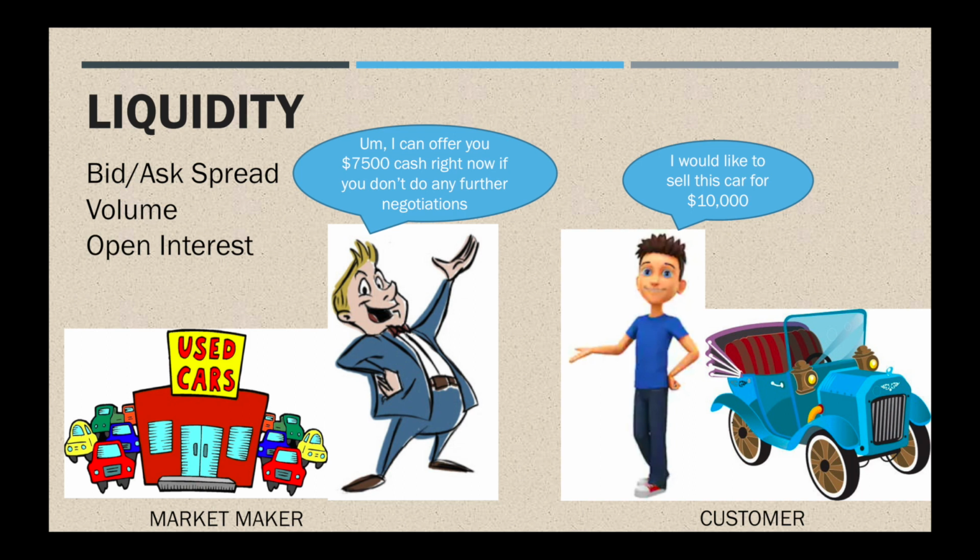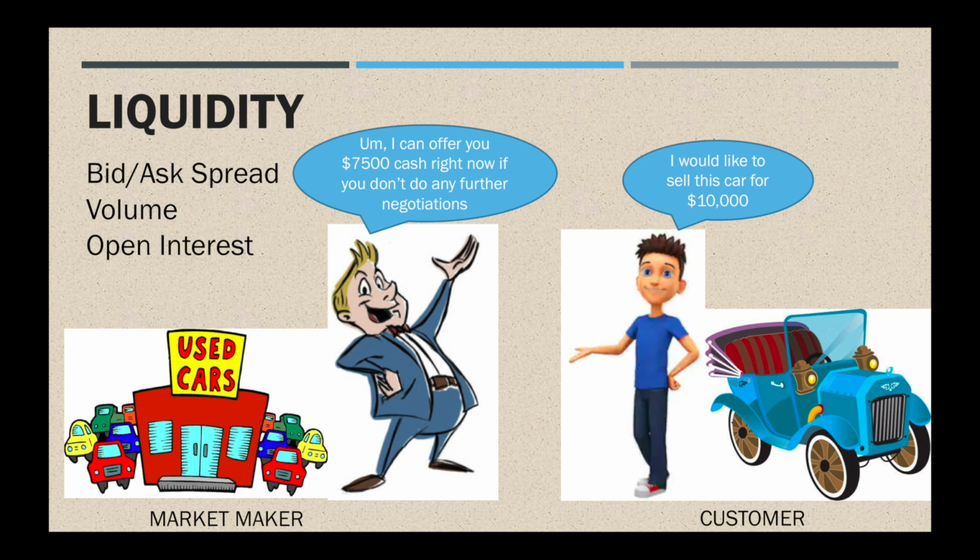So your asking price is $10,000. He may come and give you a bid of 7,500, and the difference between that bid and ask spread is the amount that he wants to get paid for taking on that risk of buying that unique model which doesn't have much volume and doesn't have much open interest.